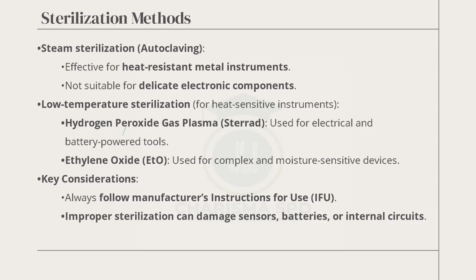So we have low temperature sterilization, high temperature or steam sterilization, and the ethylene oxide method. You cannot decide on what method to use unless the IFU says so. That is why whenever a new instrument is acquired, the rep or somebody from the manufacturer comes to give in-service and tell us how to get around it. Next slide.